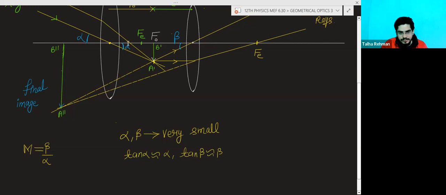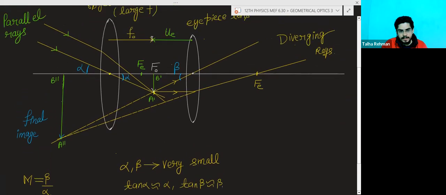So tan alpha we can find from this triangle. See, this angle is alpha and this is the triangle. So in this triangle, tan alpha will be A dash B dash divided by FO, perpendicular divided by the base of the triangle. The base of the triangle is this distance.